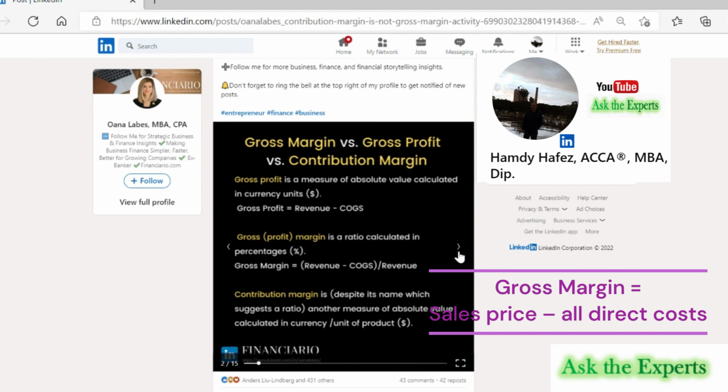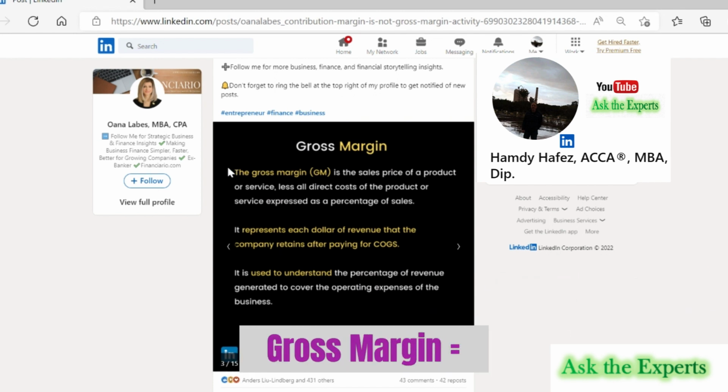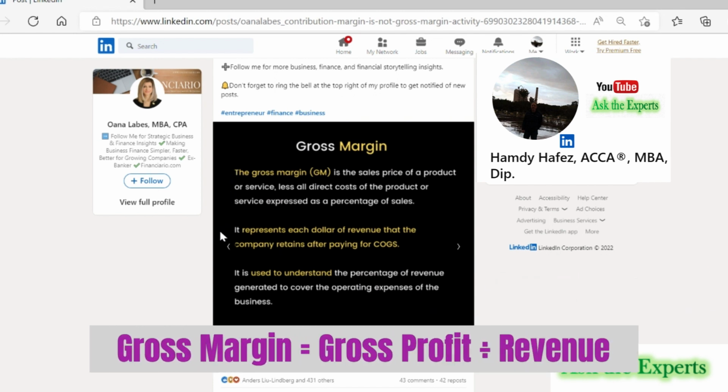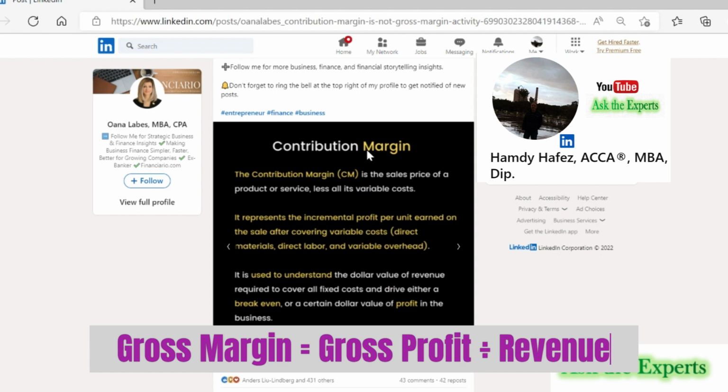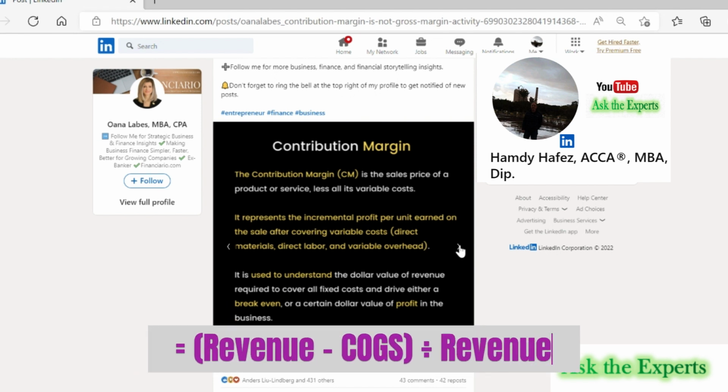It is used to understand the percentage of revenue generated to cover the operating expenses of the business. So, as you see, the formula for calculating the gross margin is as follows. Gross margin equals the gross profit divided by revenue. In other words, revenue minus COGS divided by revenue.